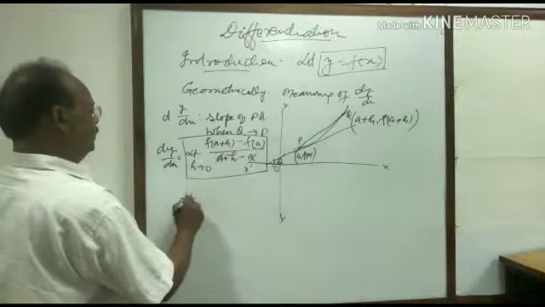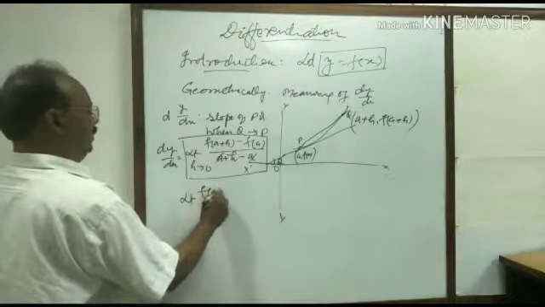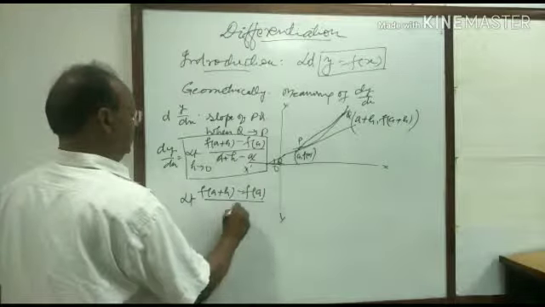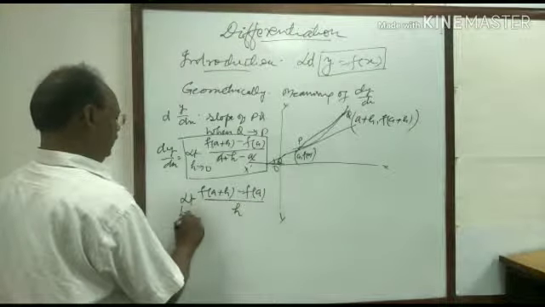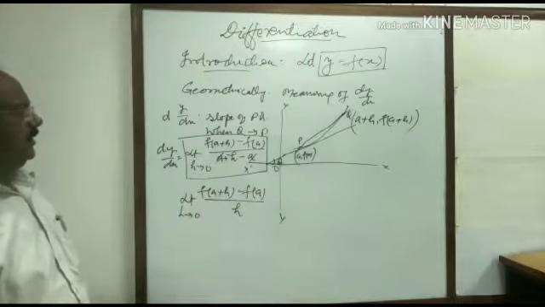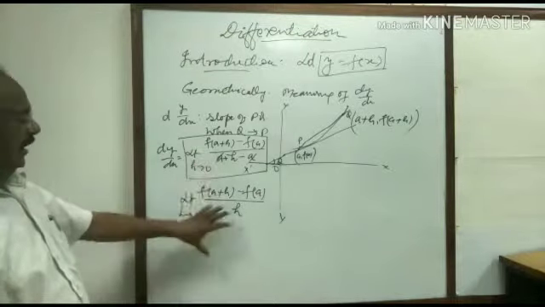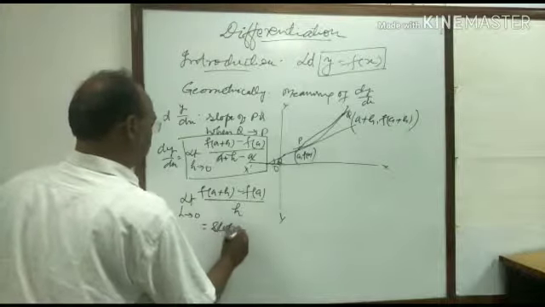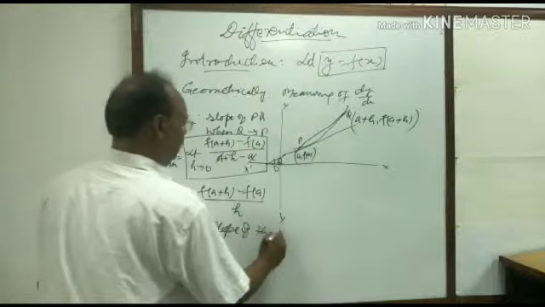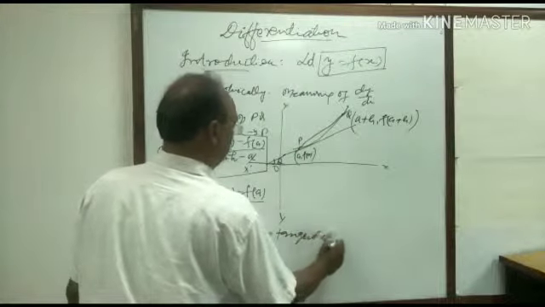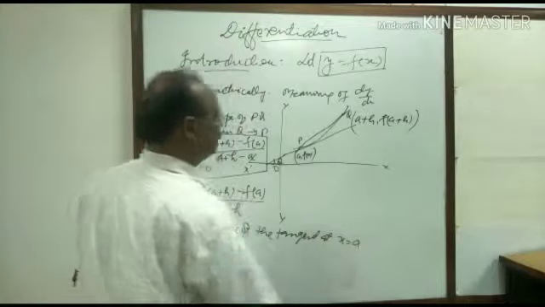So limit of f(a plus h) minus f(a) divided by h, as h tends to 0, is the derivative of y with respect to x, and this is nothing but the slope of the tangent at x is equal to a.